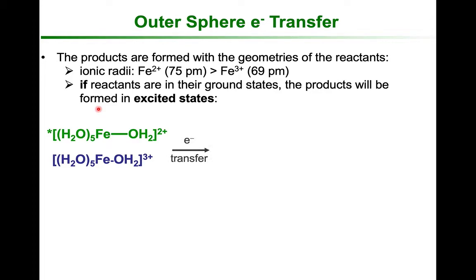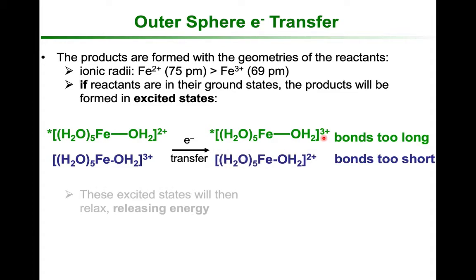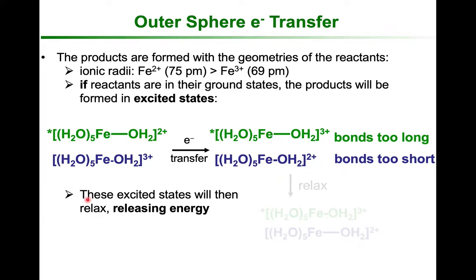And let's see why we're making that statement. So if an electron transferred from this iron 2 center to the iron 3 center, we would have iron-oxygen bonds that are too long for an iron 3 center. And for what's now the iron 2 center, these bonds would be too short. These complexes would then need to relax and release energy.